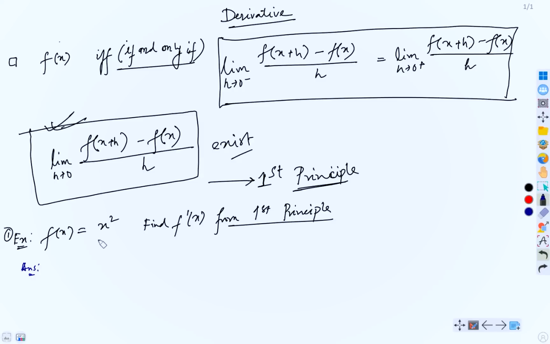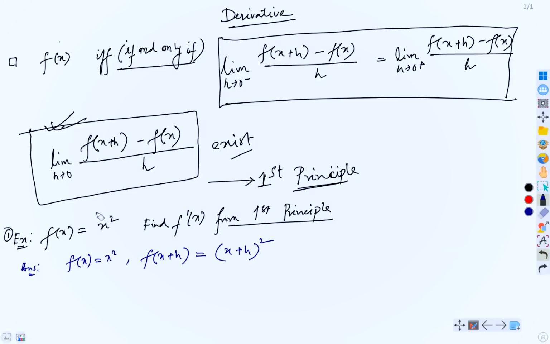So it is given f(x) equal to x squared. We have to evaluate f dash x from first principle, that is from here, okay? So we have f(x) equal x squared, therefore f(x+h) is (x+h) whole squared, right?